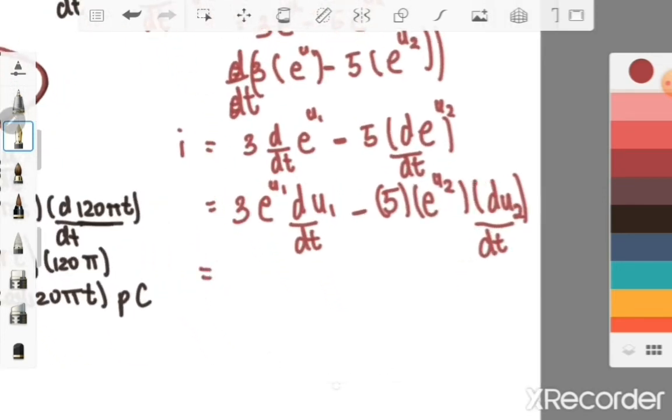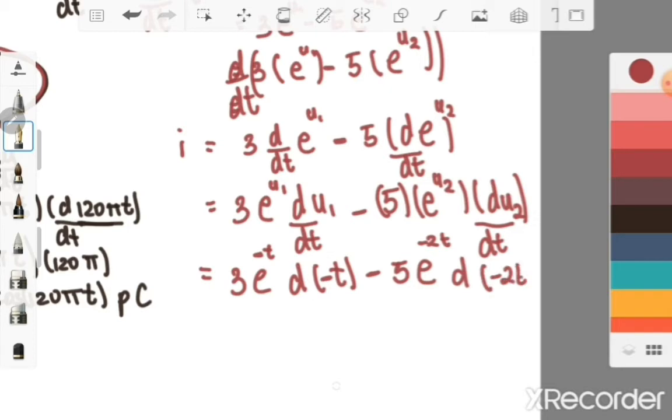Okay? So, equals 3e raised to negative t times the derivative of negative t minus 5e raised to negative 2t times the derivative of negative 2t divided by your dt.